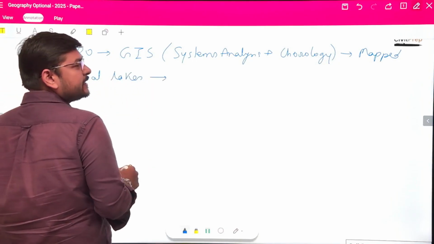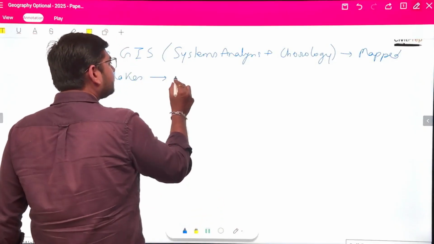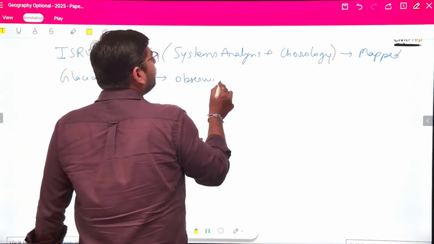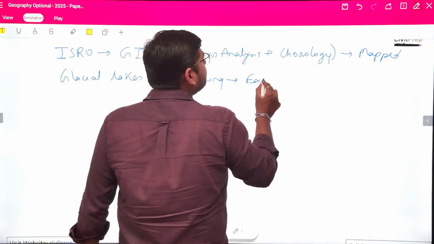They are observing the expansion of lakes.